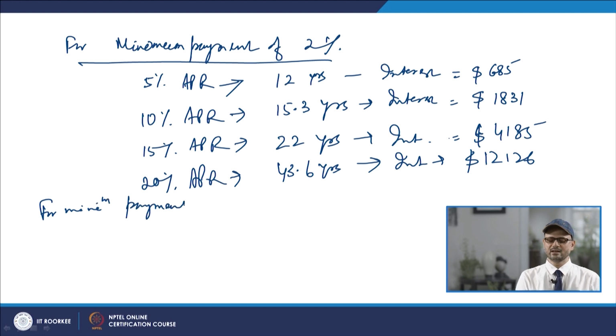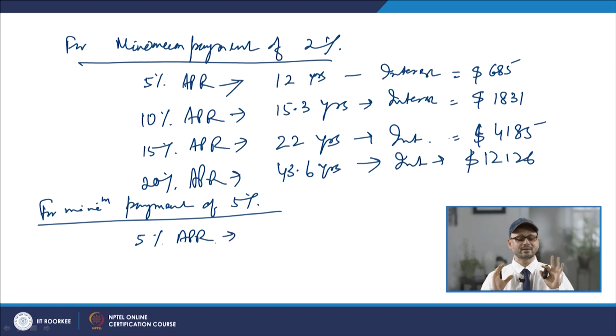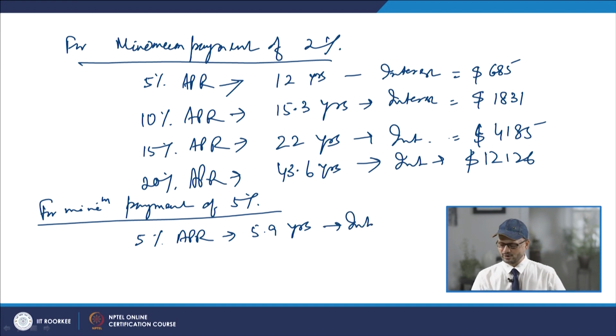So, this is for the minimum payment of 2%. If you go for a minimum payment of 3% suppose, or let us say you take 5% of minimum payment, then for 5% APR you will take less time, you will finish the loan in only 5.9 years, and the interest which will be paid will be only $260.